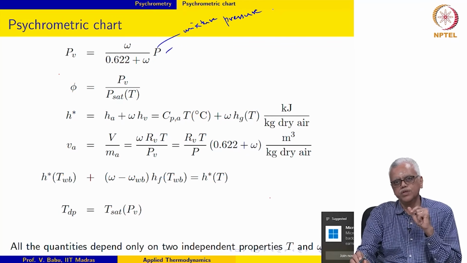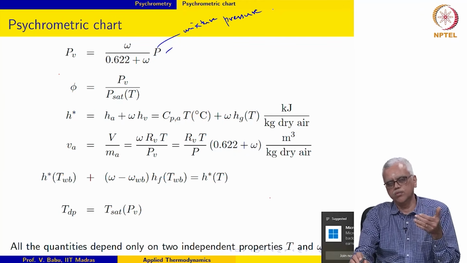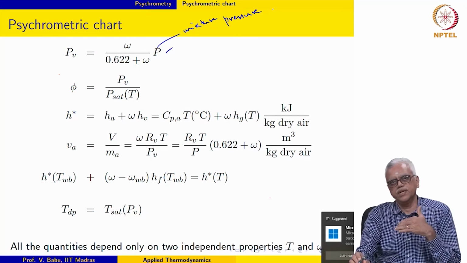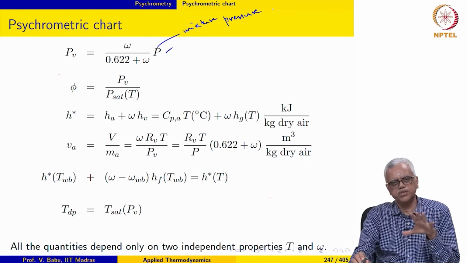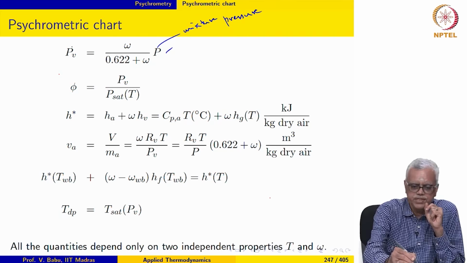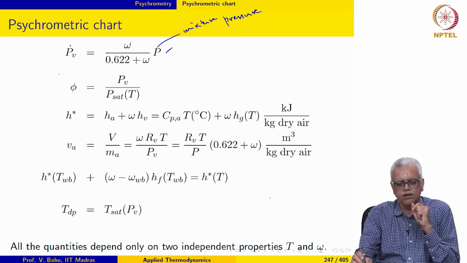Generally, we assume the mixture pressure to be constant. Furthermore, in all the examples that we are working out, we have assumed the mixture pressure to be 1 atmosphere, but mixture pressure is usually a constant, which means that Pv depends only on omega.